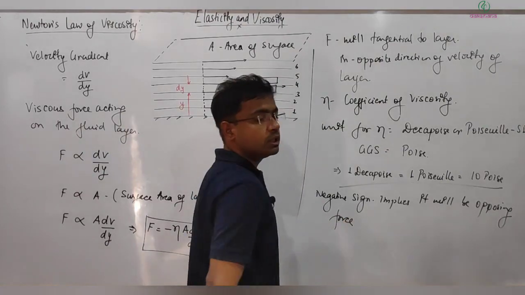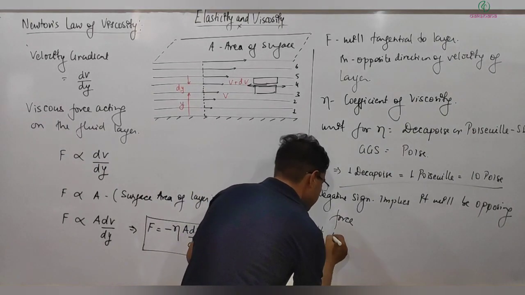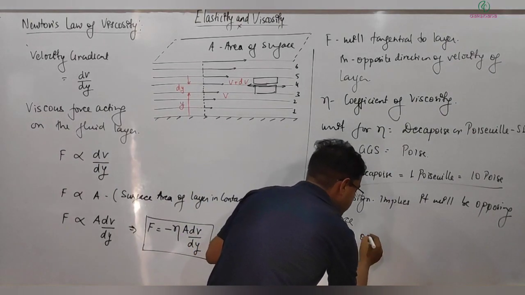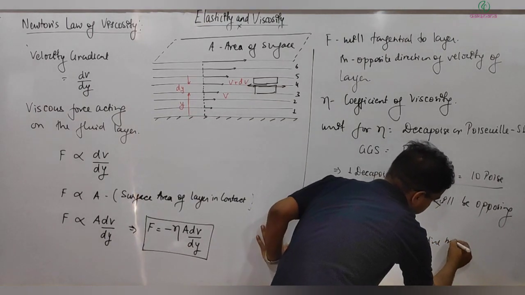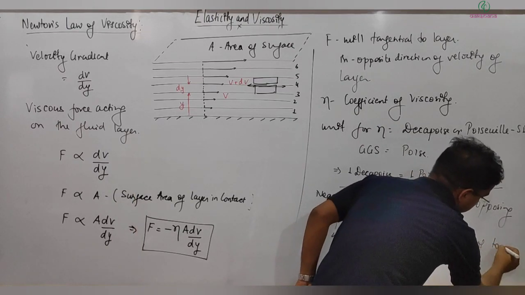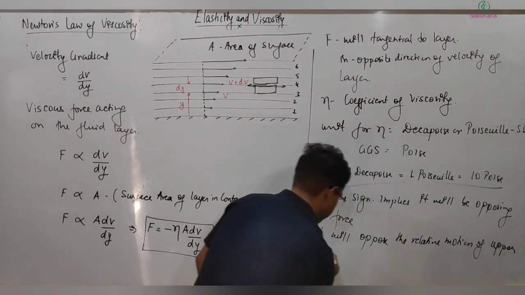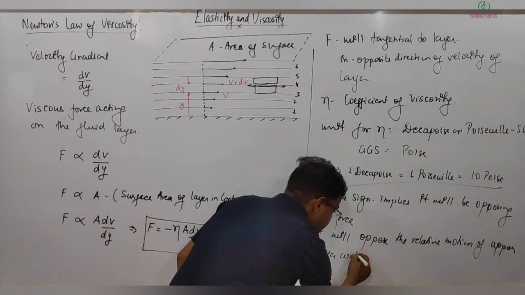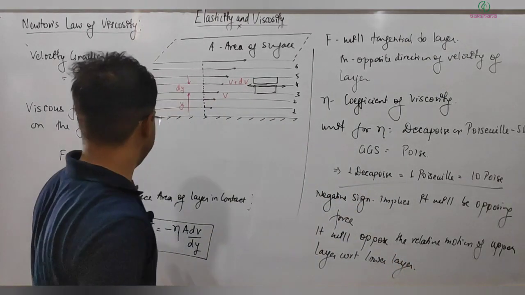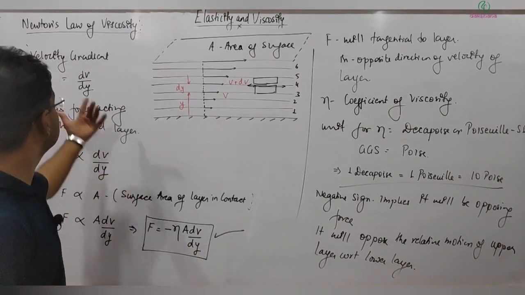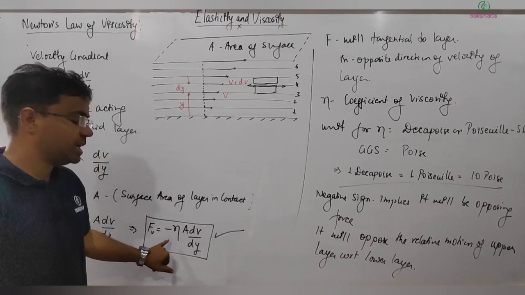It will oppose the relative motion of the upper layer with respect to the lower layer. So this is how we finally got this expression. This is called Newton's law of viscosity, and this is your viscous force, which depends on eta.